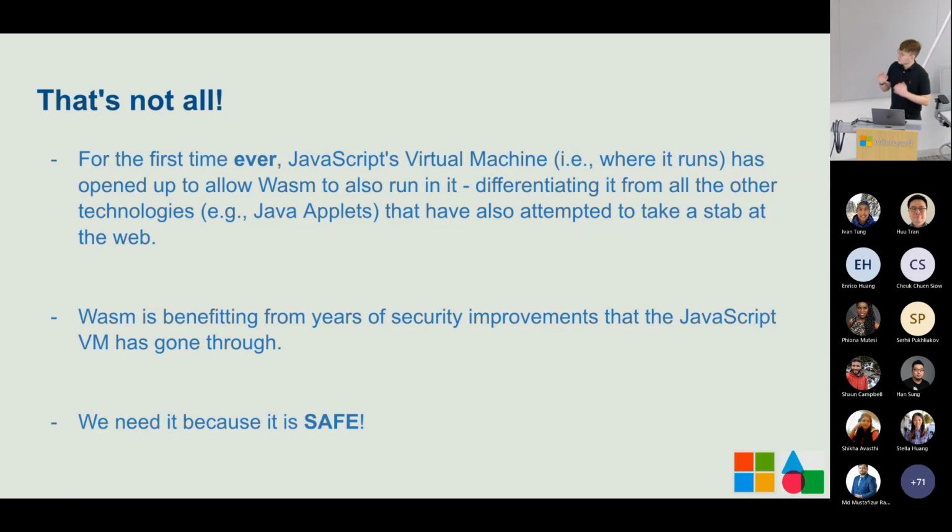That's the big difference. All those technologies that took a stab at the web were not running in the JavaScript virtual machine. They had to figure out their own sandboxing and all that story. And that's great because now Wasm is benefiting from years and years of security improvements that the JavaScript virtual machine got. So we need it not just because it's fast, but also because it's safe.